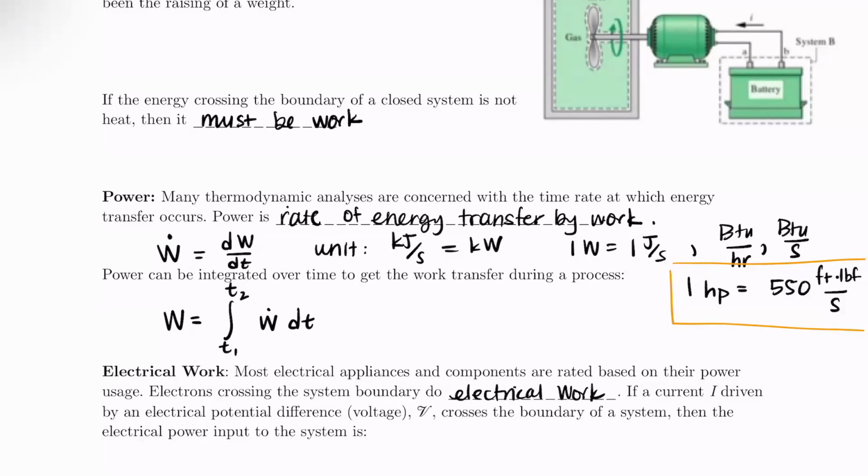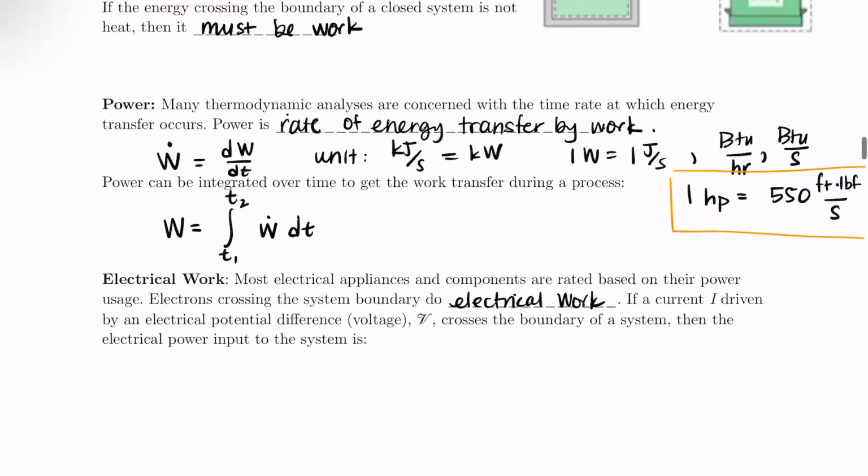If a current, which the symbol that we're going to use for current is a capital I, is driven by an electrical potential difference, which is of course the voltage, script V, and if that crosses the boundary of a system, then the electrical power input to the system is given by W dot E. I'm just using the subscript E to denote that it's electrical work.